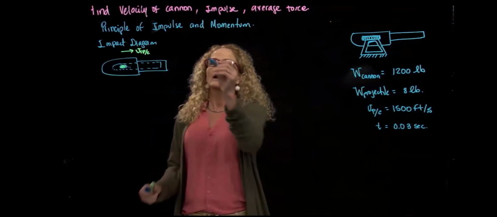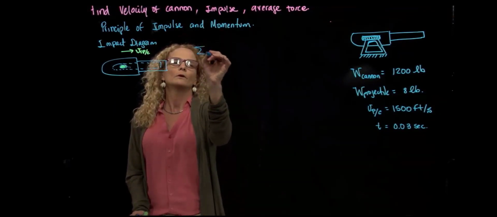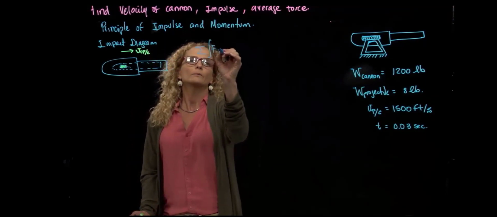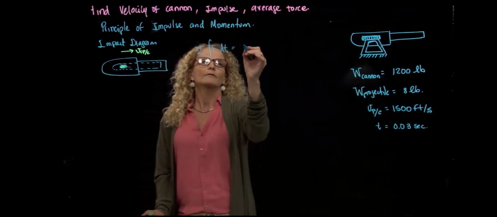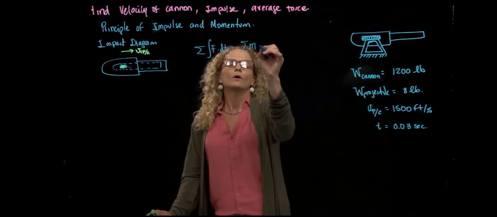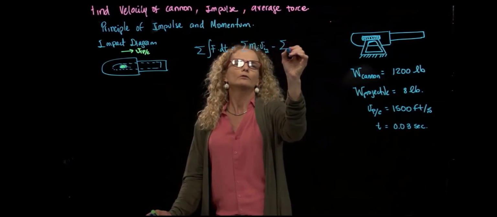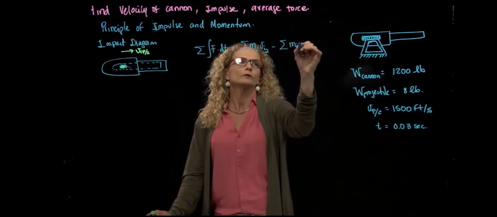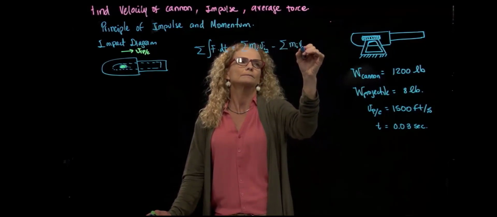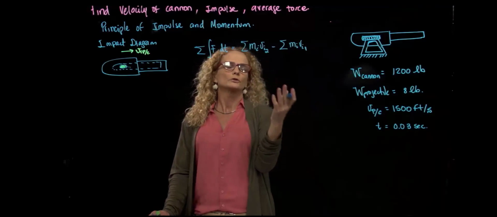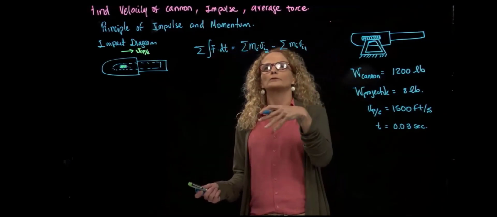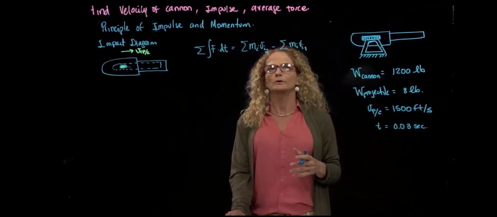So if we apply our principle of impulse and momentum, the sum of the initial momentum for everything will be equal to the final momentum of everything, right? So position 1 is before the fire and position 2 is in the firing of the projectile.